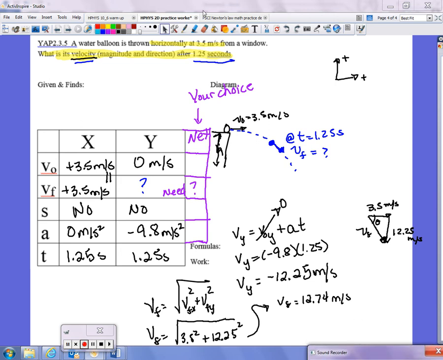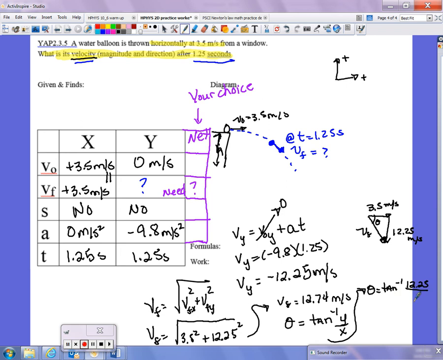I can't do that. I have to use my inverse tangent, and in this case theta is equal to the inverse tangent of y over x. So the way I've drawn it, yours may be different. So theta is equal to the inverse tangent of 12.25 over 3.5.